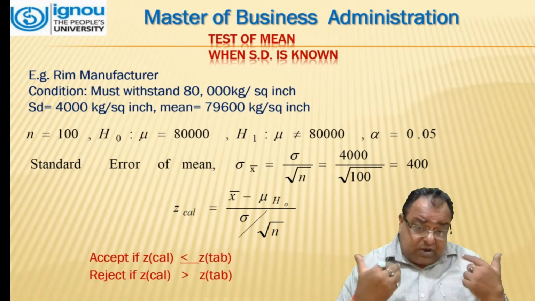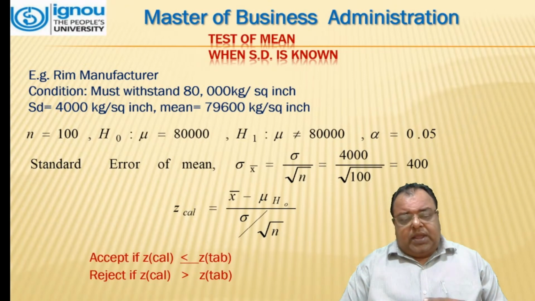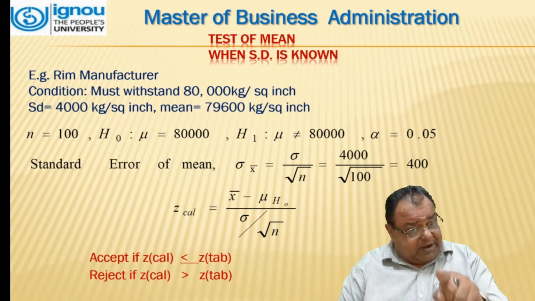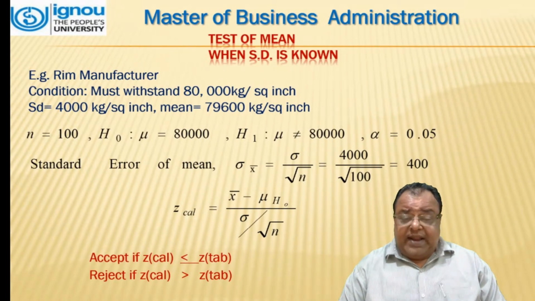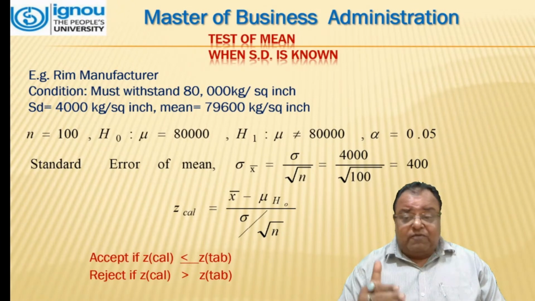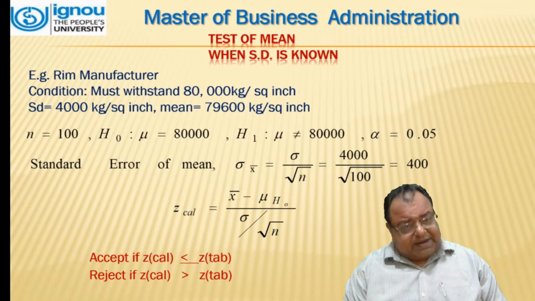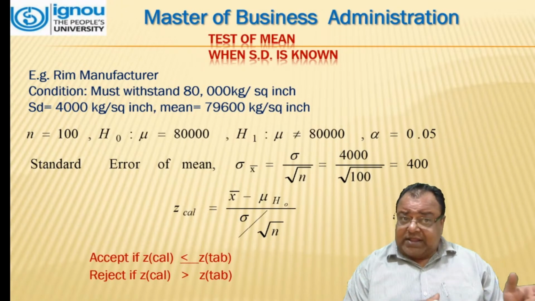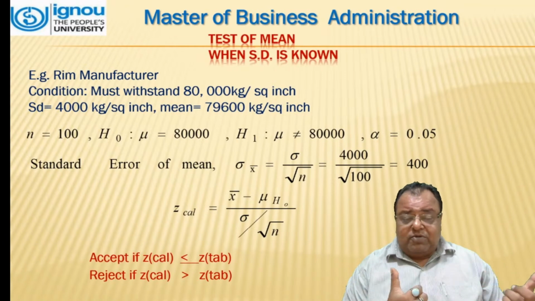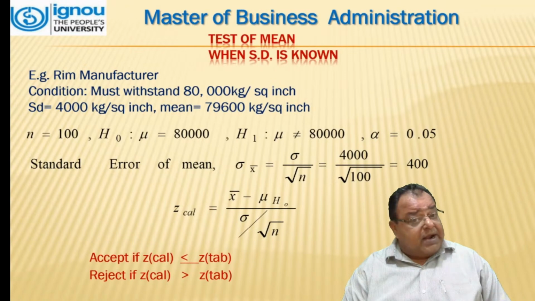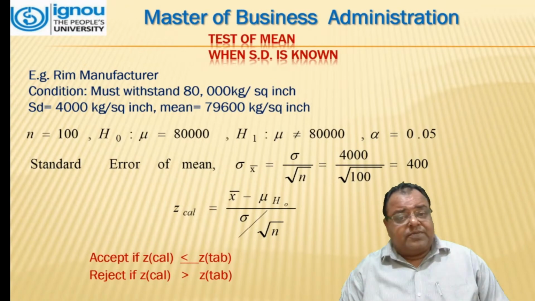Now, how to conclude? If z calculated is less than z tabulated, the value from the table, we accept the null hypothesis. And if your z calculated is greater than the tabular value, then you reject it. This is how the conclusions are drawn.